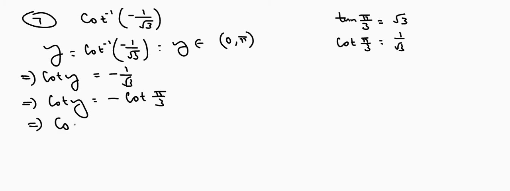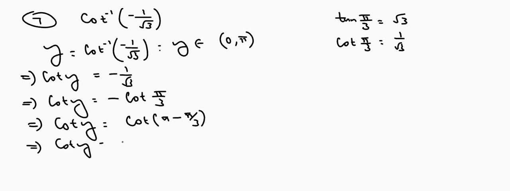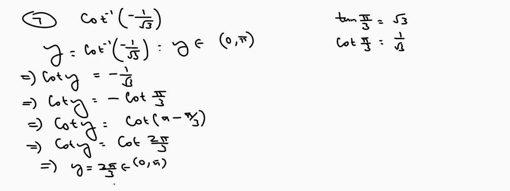Minus cot theta we can write as cot of pi minus theta, that is cot of pi minus pi by 3. That implies cot y equals cot 2 pi by 3. The final answer is y equals 2 pi by 3, which is an element of the open interval 0 to pi.